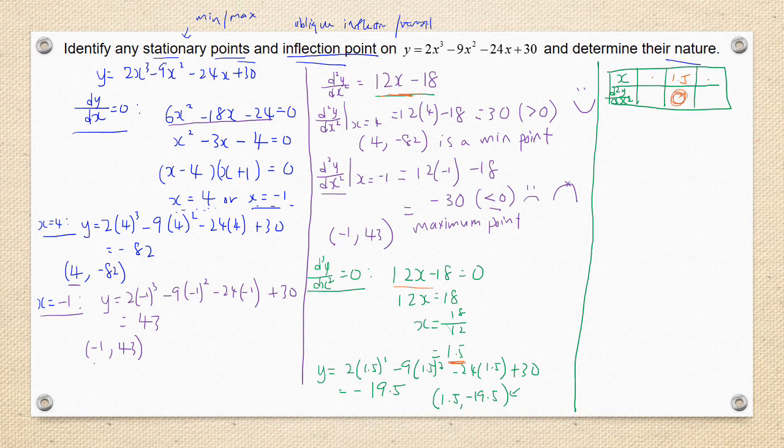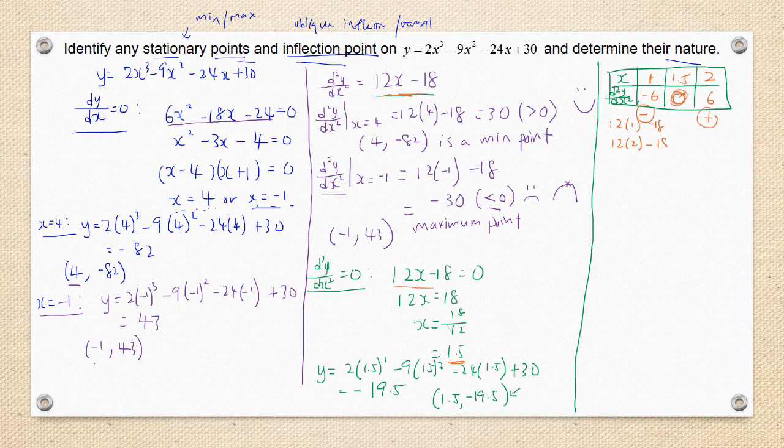So I find a point before 1.5. Which value is easy to use? It's obviously 1. If I substitute 1 here, 12 times 1 minus 18, do I get a positive or negative? I get negative 6, so it is negative. If I substitute a point after 1.5, let's say I choose 2, then 12 times 2 minus 18, 24 minus 18, you will get 6, which is positive.